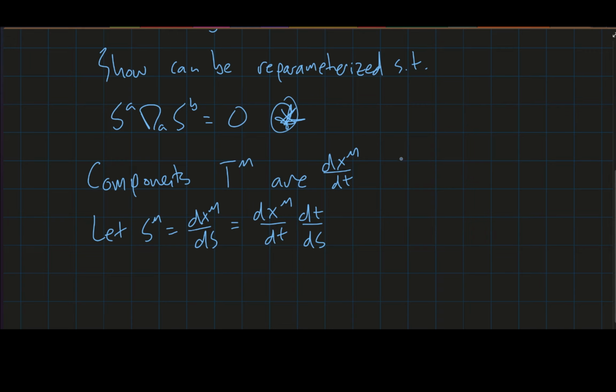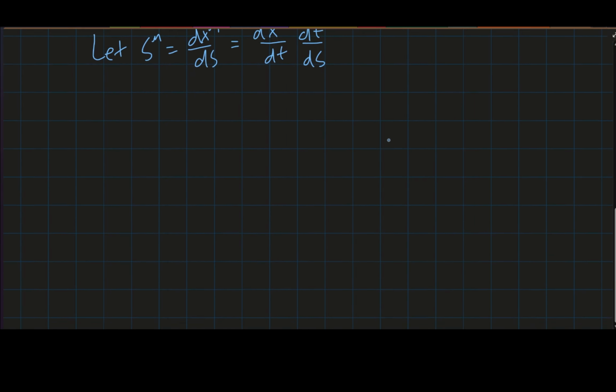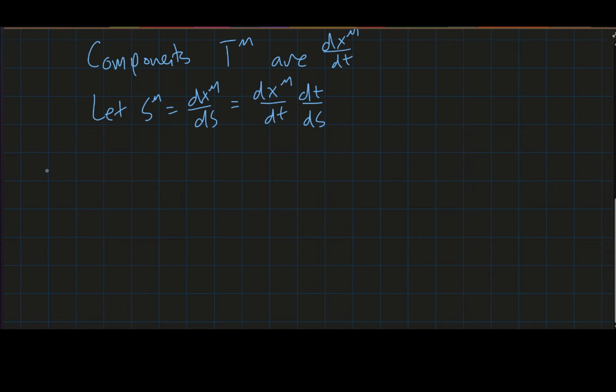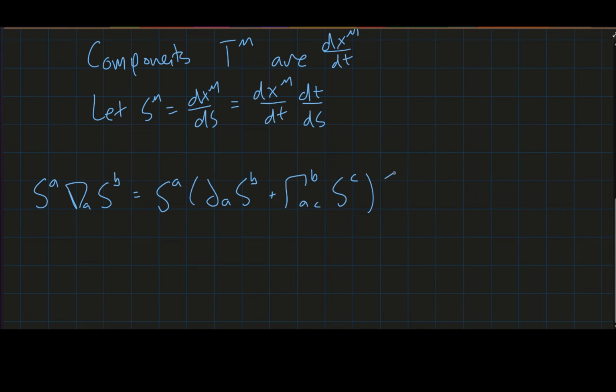Okay, and with this, let's write down the equation explicitly parameterized by S and see what we get. So let's go S^A nabla_A S^B equals S^A times the formula for the covariant derivative here, so del_A S^B plus the Christoffel symbol Gamma^B_AC S^C. And this is just equation 3.1.15 from Wald.